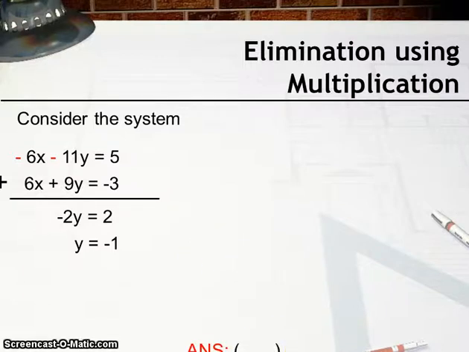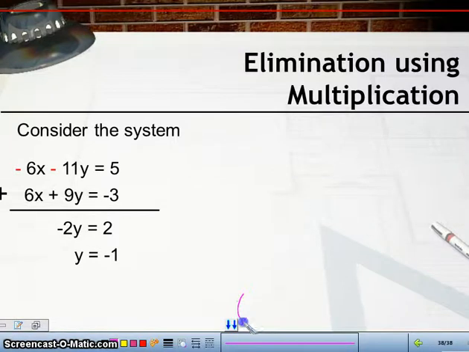I don't know if you can see that, but right down below it says the answer is something comma negative 1. Okay, so we're going to fill in the second spot here. So on the second spot, we just need to take the negative 1 and plug that back into one of the two equations. Now I don't care which equation you plug it into.